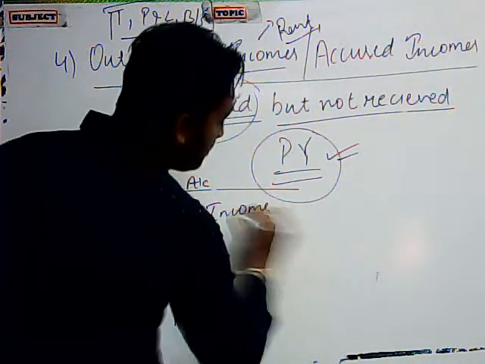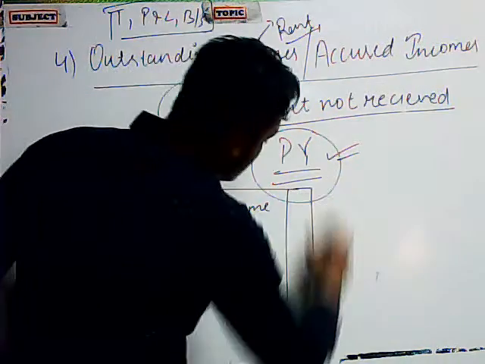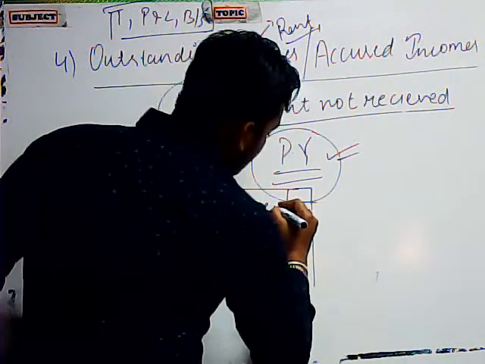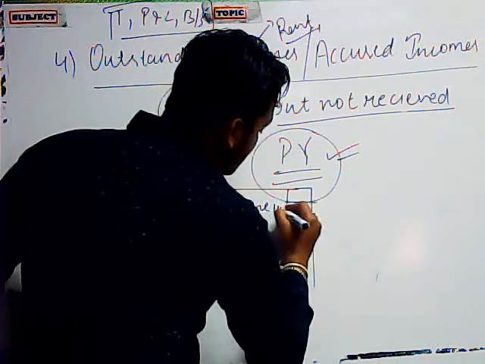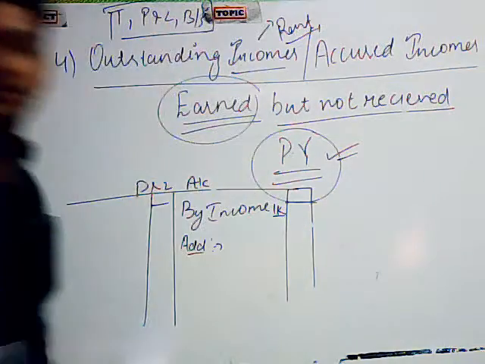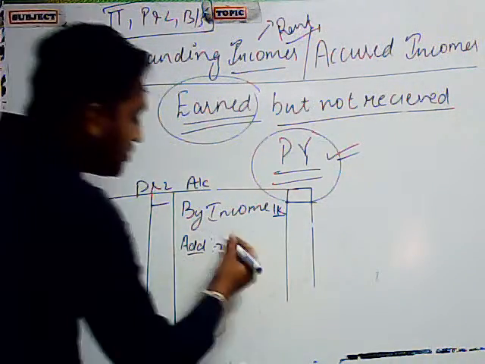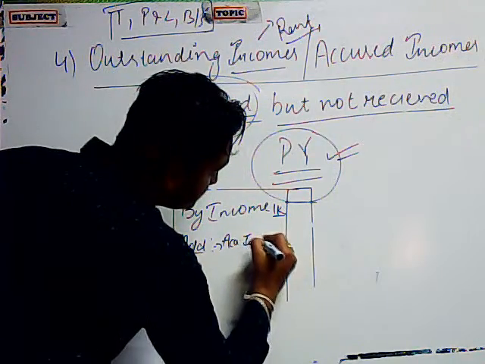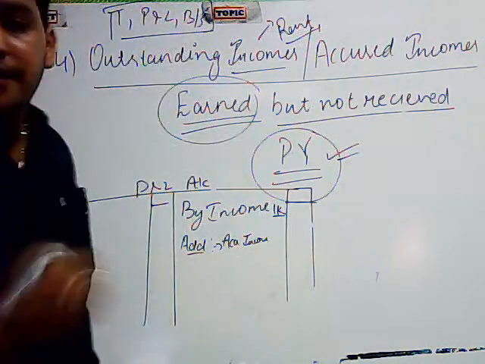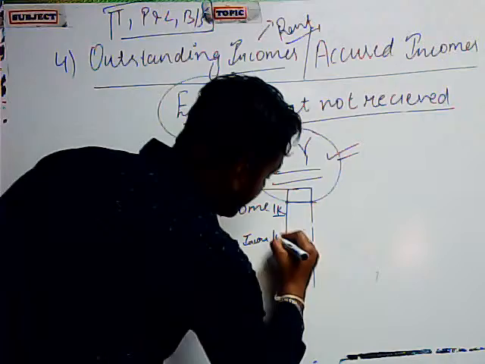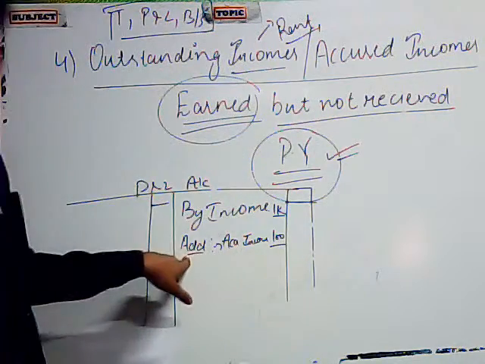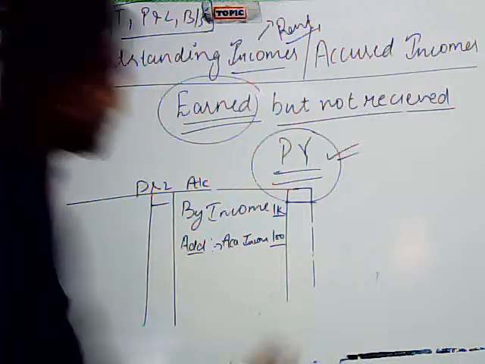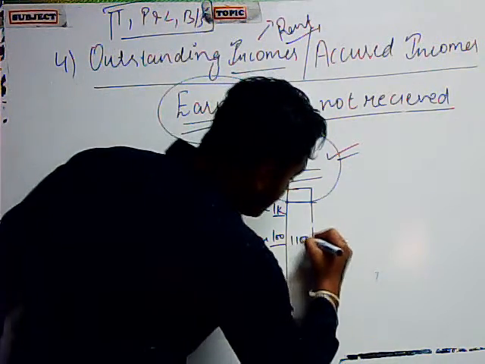For example, your particular income under the profit and loss account, like ABC, is 1000 rupees. And your accrued income is also there, like 100 rupees, you have to add here. So under a particular head, you have to add your accrued income. So the total is 1100.